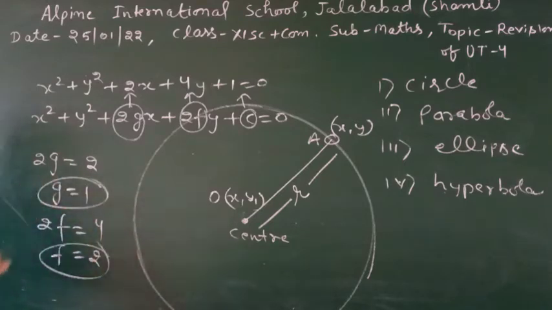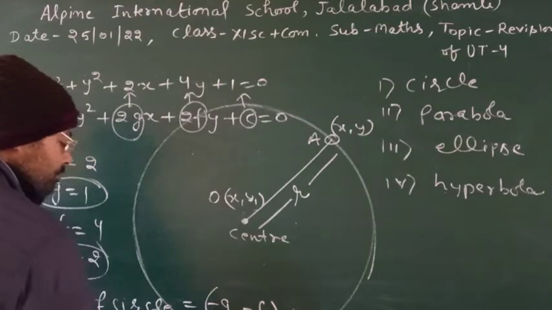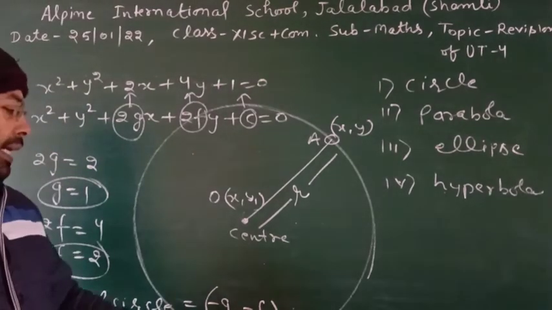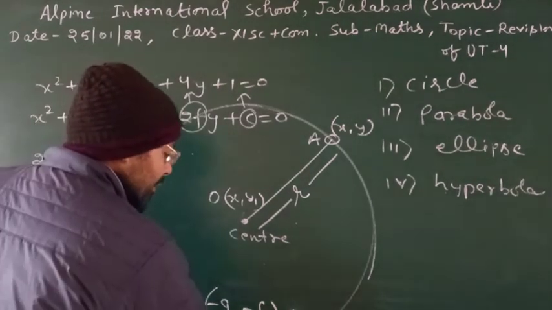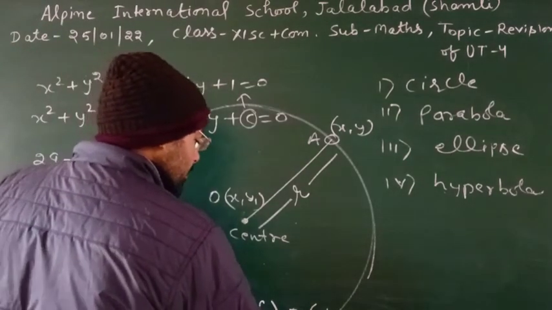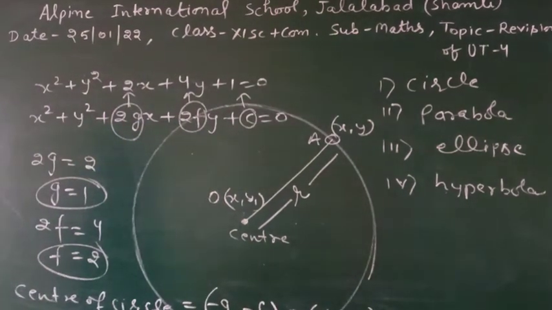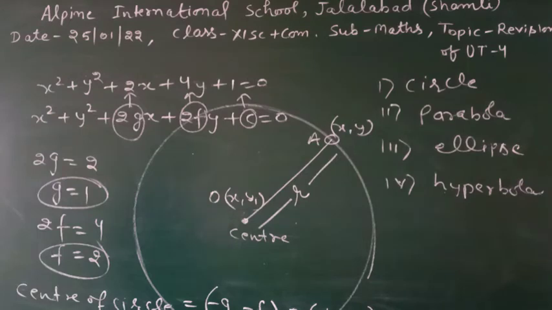In this way we have the values of g and f, by which we can find the center of the circle, which is (minus g, minus f), that is minus 1, minus 2.